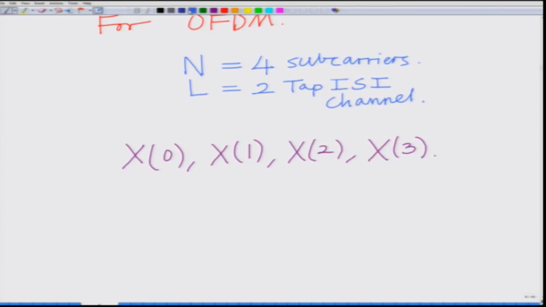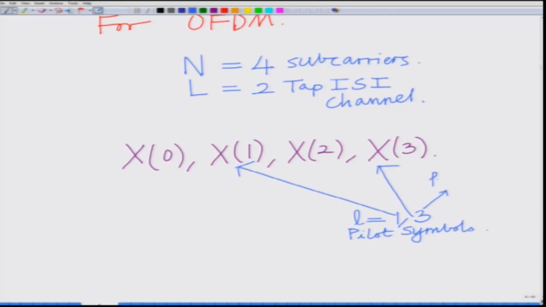And we said we are not going to load all the subcarriers with pilot symbols, rather we are going to load only 2 symbols, corresponding to subcarriers l equal to 1, 3. These are pilot symbols, and in fact these are your pilot subcarriers.